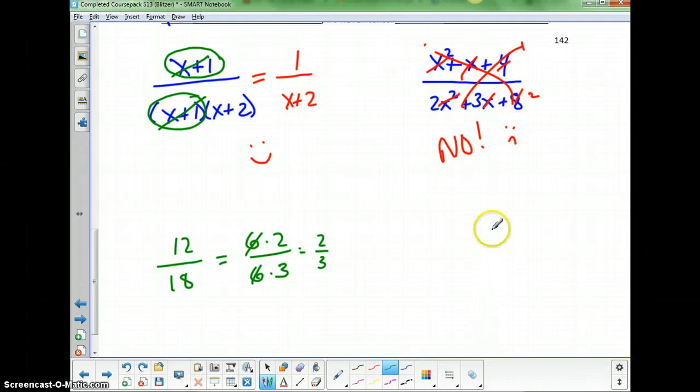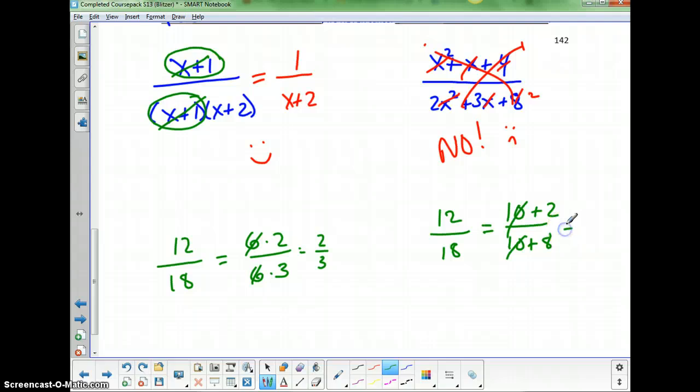It's not okay to say something like 12/18 equals 10 plus 2 and 10 plus 8, and then cancel the 10s. You can't cancel parts of addition and then say it's equal to 2/8 or 1/4. That is not true.